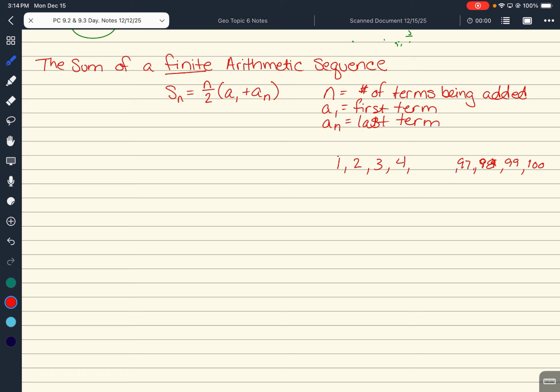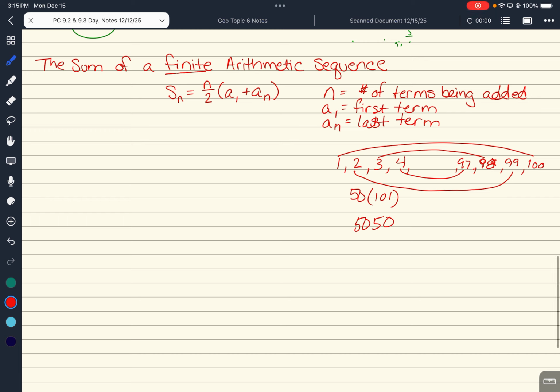And he's like, but wait a second. What is 1 plus 100 equal? What is 2 plus 99 equal? What does 3 and 98 equal? What does 4 and 97 equal? Okay, so if I have 1 to 100, how many pairs of numbers do I have? 50. So if I just took 50 pairs times 101, I get 5,050, right? Is that the answer? Yes, that is the answer.